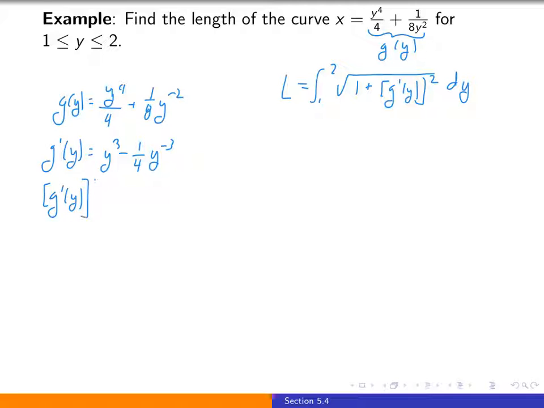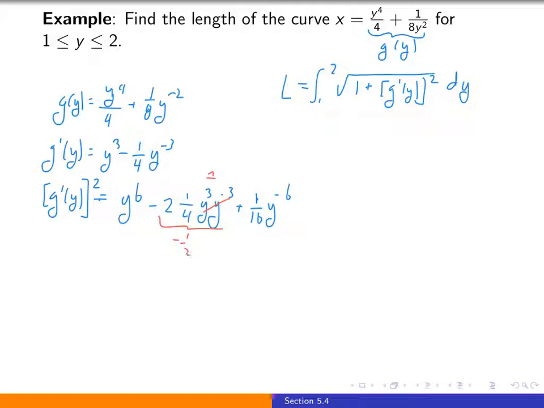So g prime of y squared is going to be the first term squared, which is y to the 6. Then we're going to subtract away 2 times the terms multiplied together, so 1/4 y cubed times y to the minus 3, plus the last term squared, 1 over 16 y to the minus 6. And notice, as we saw in the previous example, in the middle, y cubed times y to the minus 3 is a 1. 2 times a quarter is 1/2.